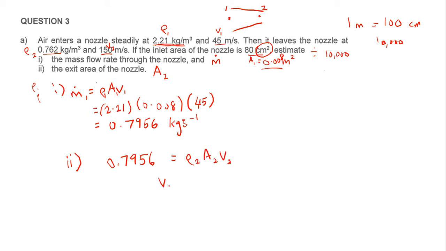So A2 equals 0.7956 divided by rho 2, which is 0.762, times V2, which is 150. So that will give you the area for A2.